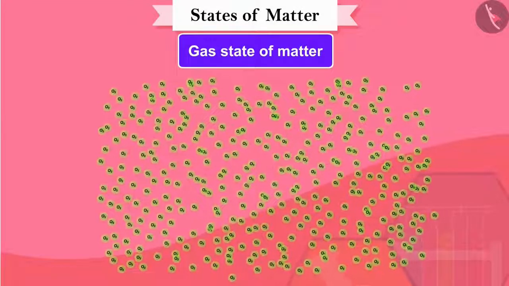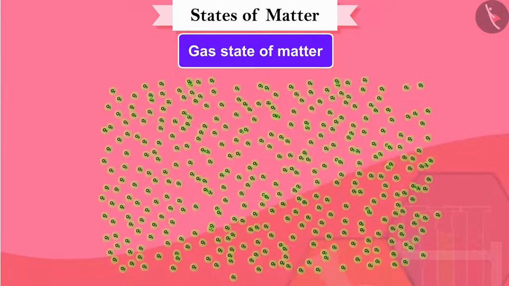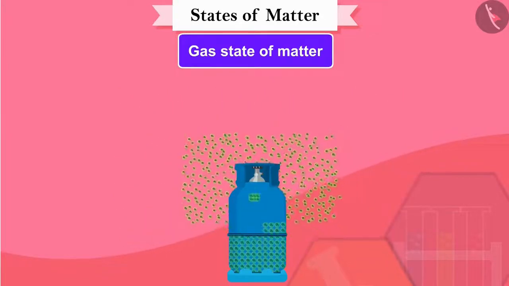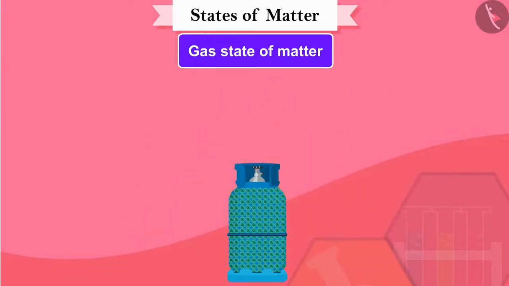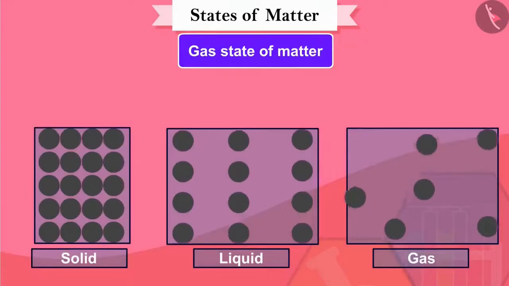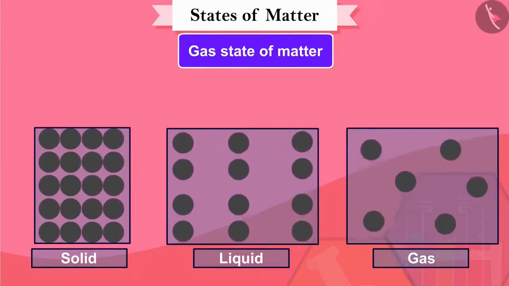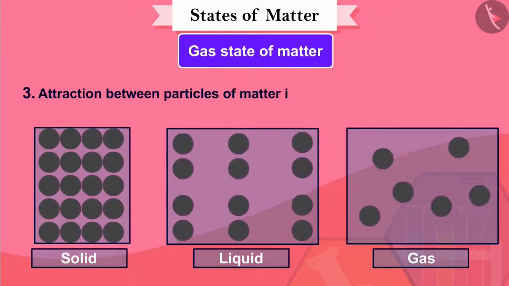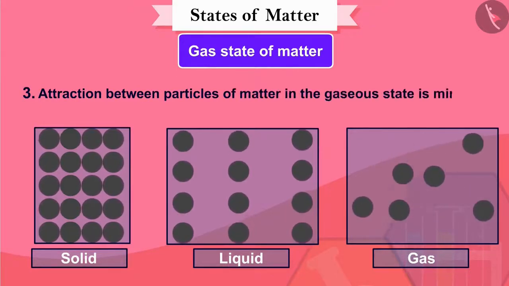The large volume of the gas can be compressed into a low volume cylinder due to its high compressibility and can be easily sent from one place to another. This compressibility is possible because the attraction between particles of matter in the gaseous state is minimal.